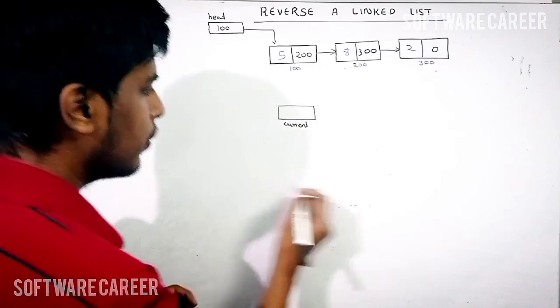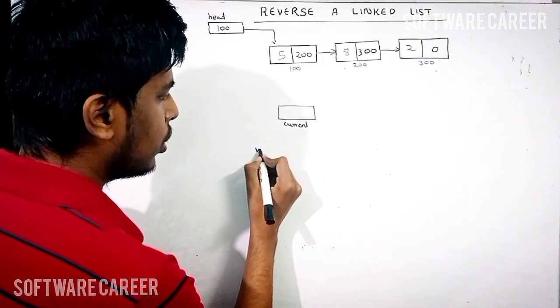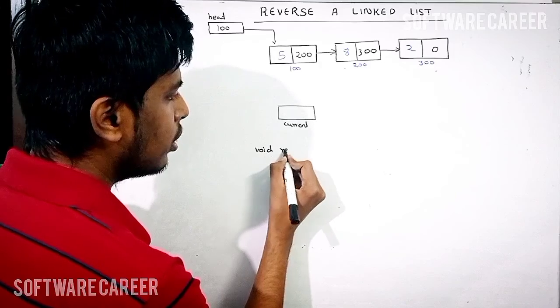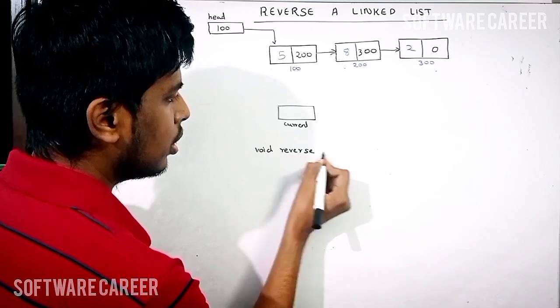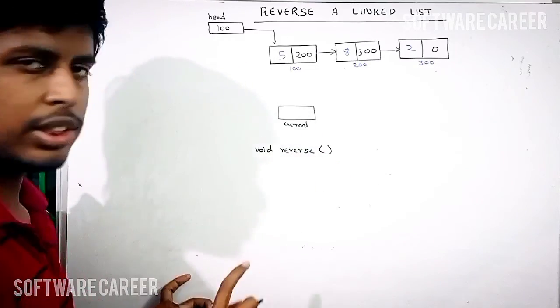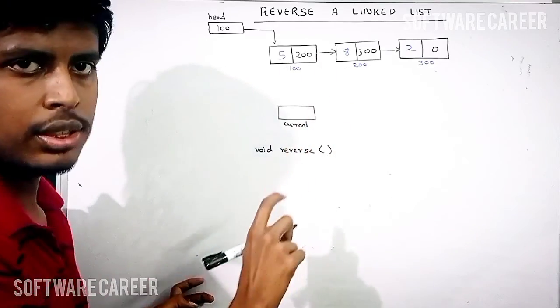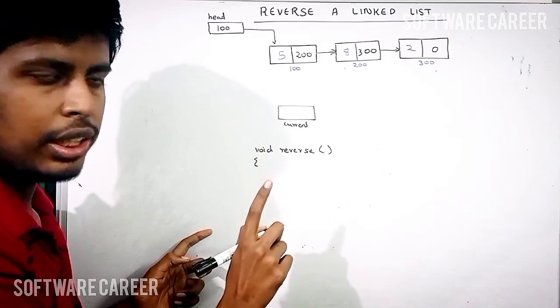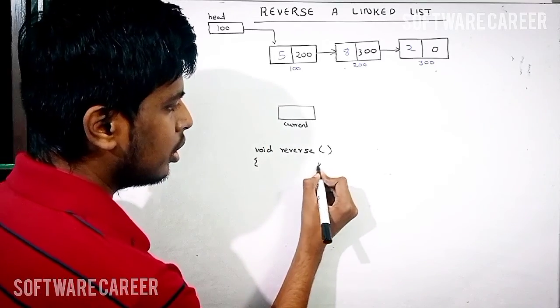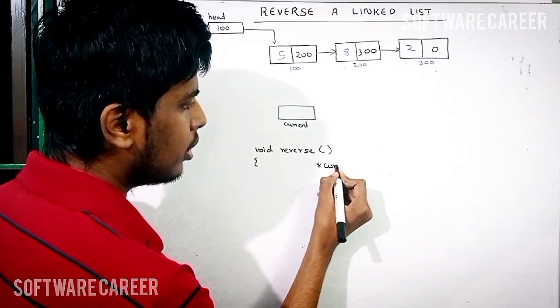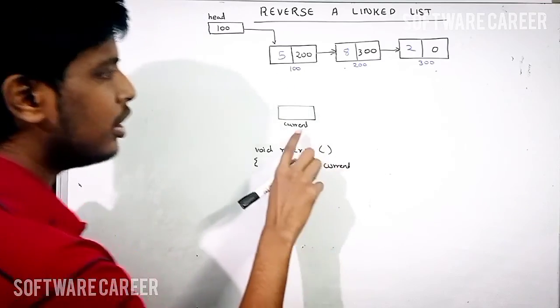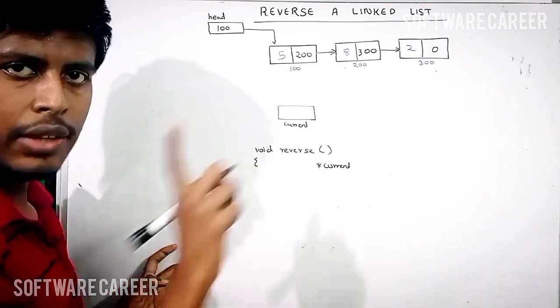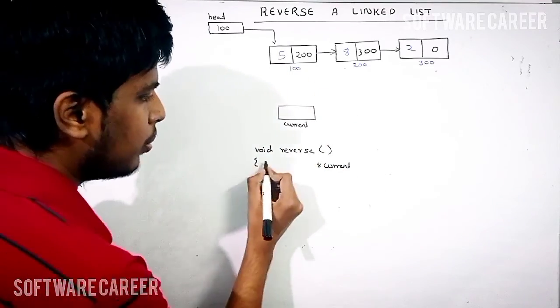Now I am writing the code. void reverse; this is the reverse function which is used to reverse the linked list. First I have created a pointer current. This pointer is pointing to a node which has some structure, so I write struct node before it.